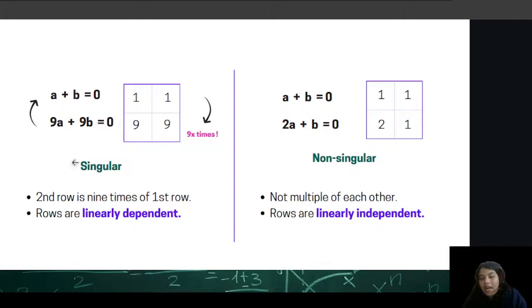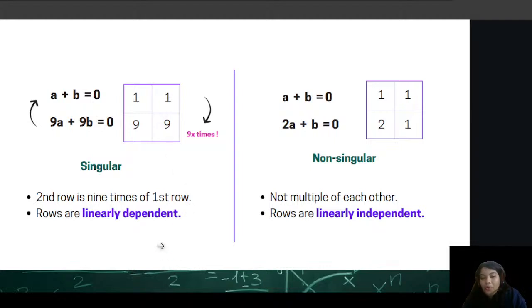What we are trying to understand here, as you can already deduce, is that row 2 of the first system is simply 9 times the first one, so it is not bringing anything new to the system. It is generally a repetition of the first row, but 9 times.